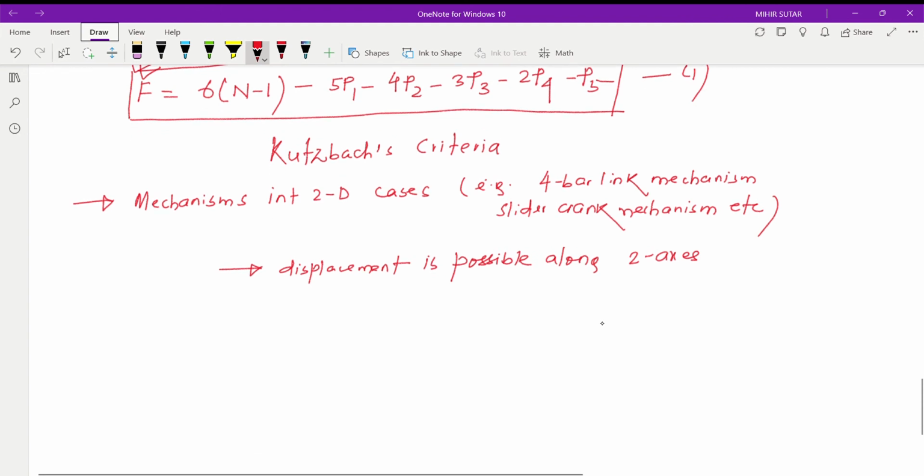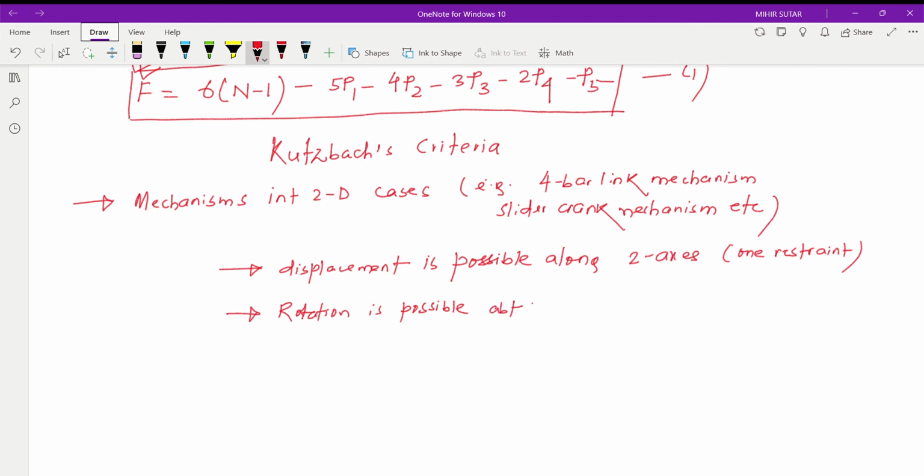That means one restraint here, and rotation is possible about only one axis.